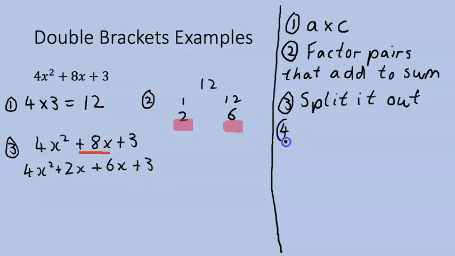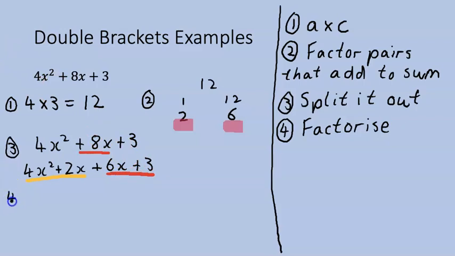My step 4, I need to factorise. And you're probably thinking, how on earth are you going to do that? The way that this is going to be done is that I first check, does 4 and 2 have a common factor? Yes, it does. Does 6 and 3 have a common factor? Yes, it does. You're going to take the first 2 terms of this and the last 2 terms of this.